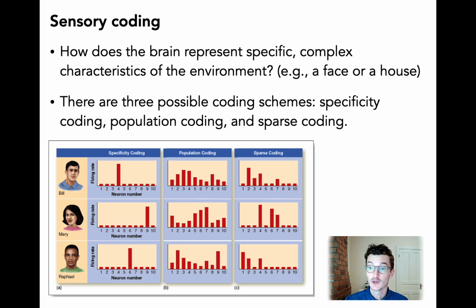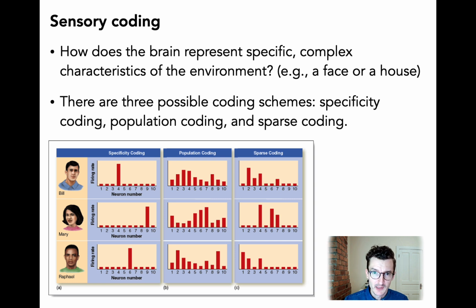So specificity coding suggests that complex perception relates to the firing of single neurons in your brain. So if you detect the right features at the right intensity, this leads to the firing of a particular neuron that may make you, let's say, recognize, oh, I'm looking at my mom's face. That is specificity coding.